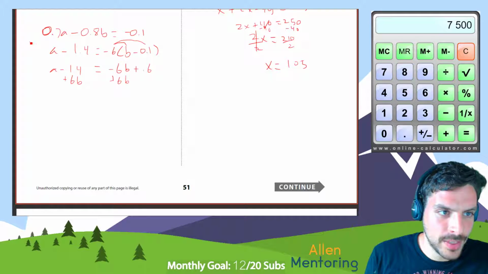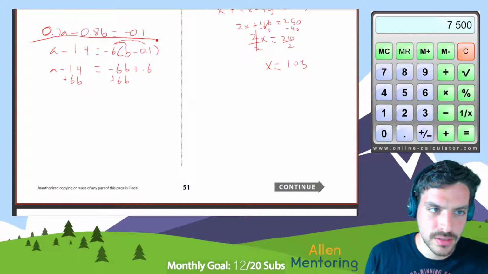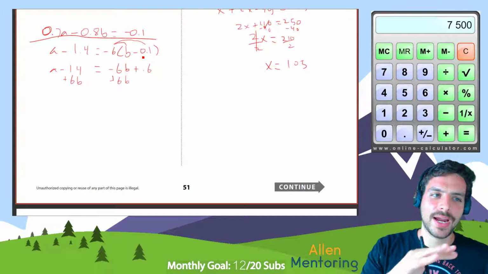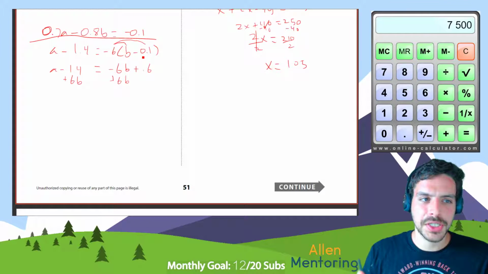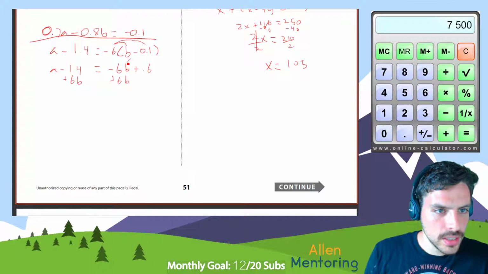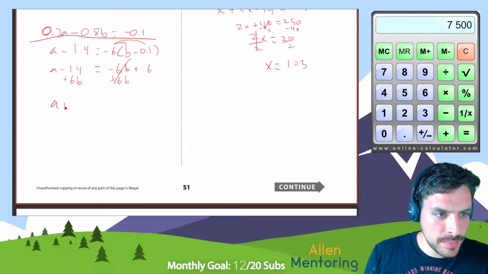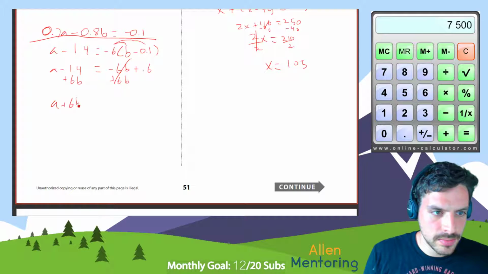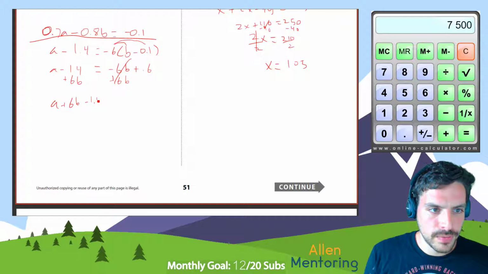For now, by the way, I'm ignoring the very first equation. Just ignoring it for now. We'll come back to it once we set up the second equation how we want it. So now we have a plus 6b minus 1.4 is equal to 0.6.